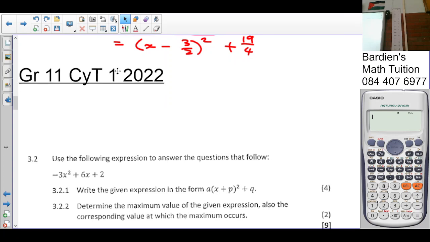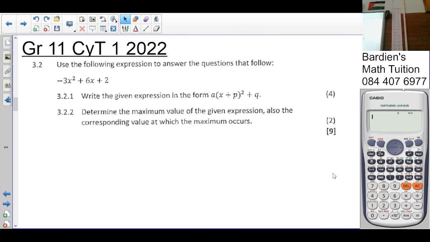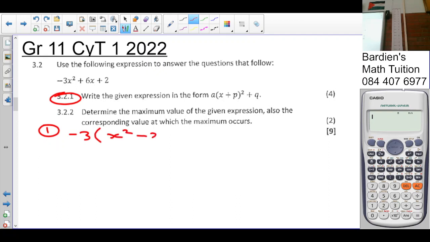3.2. Use the expression to answer the questions that follow. Write the given expression in the form a times x plus p, whole squared, plus q. So what do we do first? Take out negative 3 as a common factor. So I'm left with x squared minus 2x minus 2 over 3. So we ask ourselves, what must be added here to complete the square?